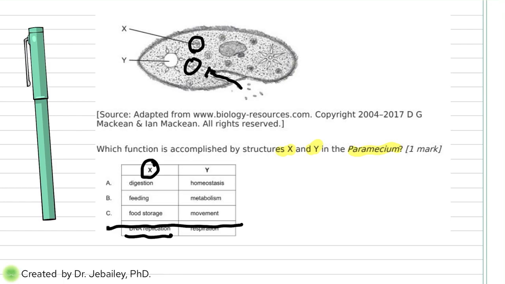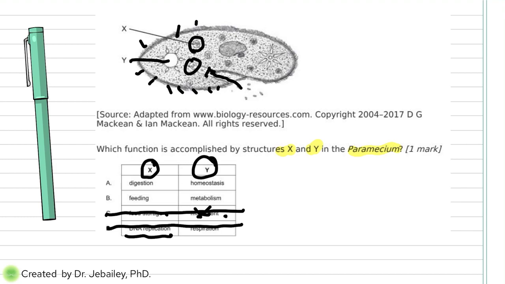I would say if this is your logic, fine. But then when you look at Y, it says movement. If it's movement, it has to be on the outside of the cell, because it's the outside that moves the cell. But Y is pointing inside. So even if you don't know the drawing, you can see that it's not movement. So C is out of the way. Now we're left with A and B.